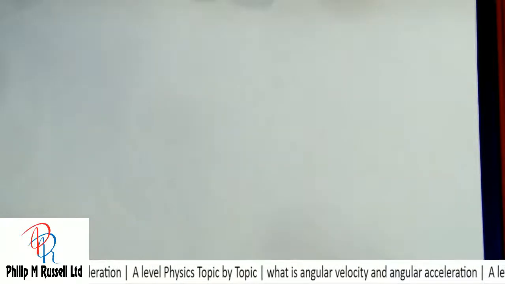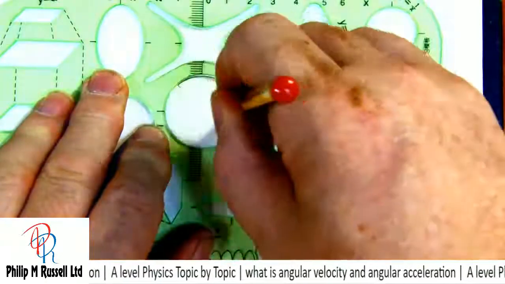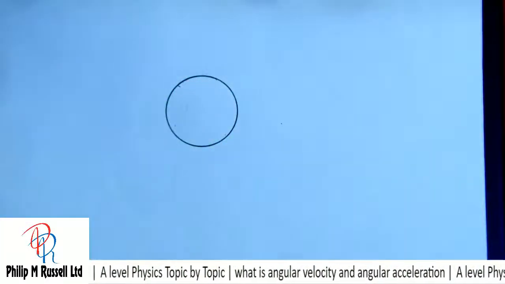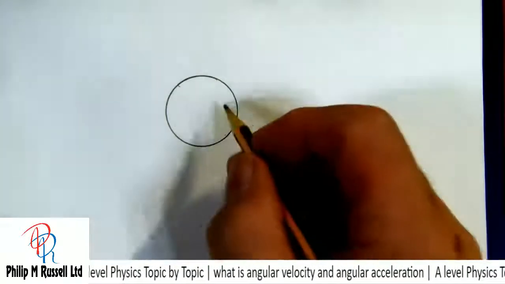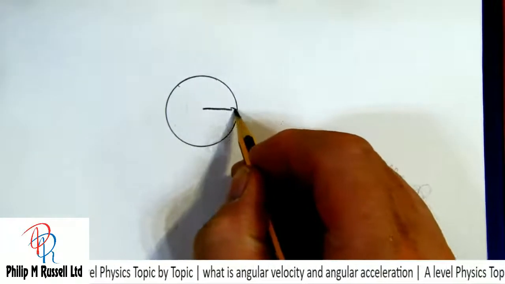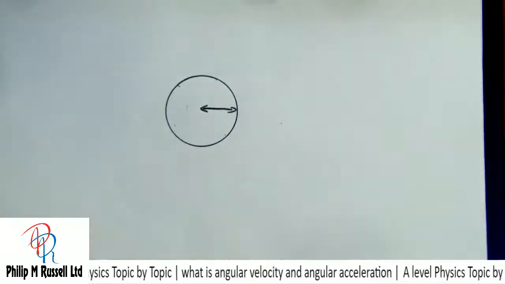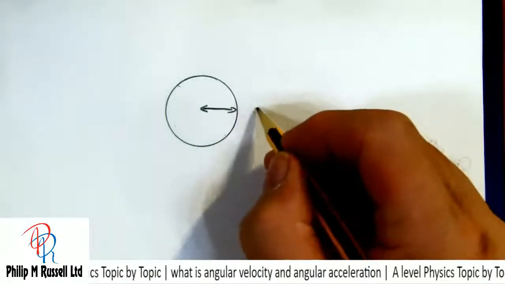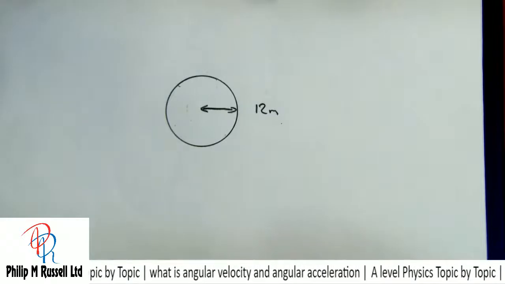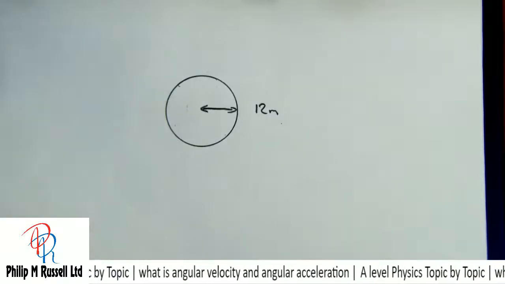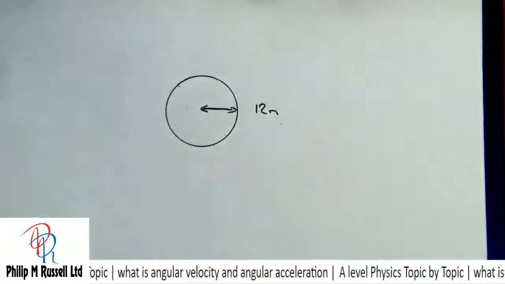So if I've got a roller coaster and it's going to do a loop-the-loop, so let's give ourselves a loop here, then we've got to decide on some sort of radius, and it's got to be something reasonably big, I guess. Let's go for about 12 meters. Right, so how fast are our cars going to go round there?